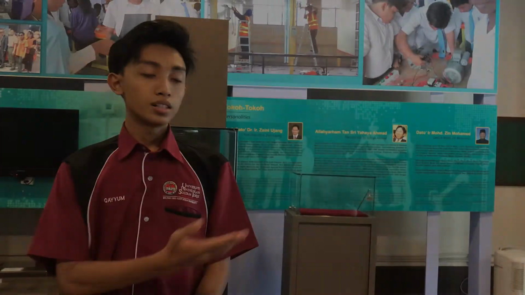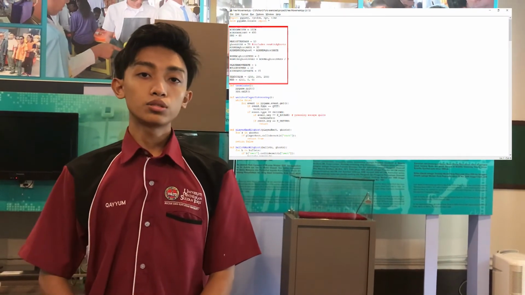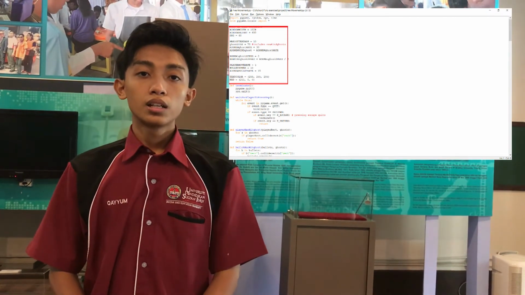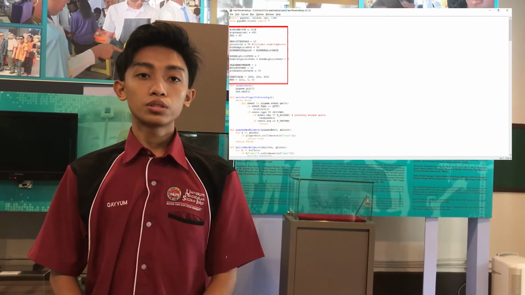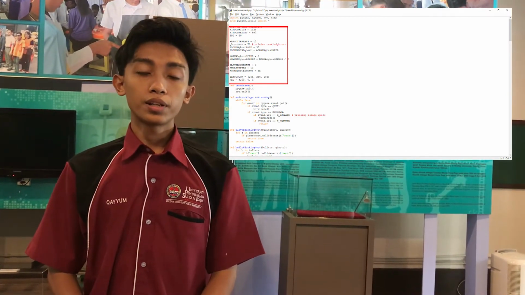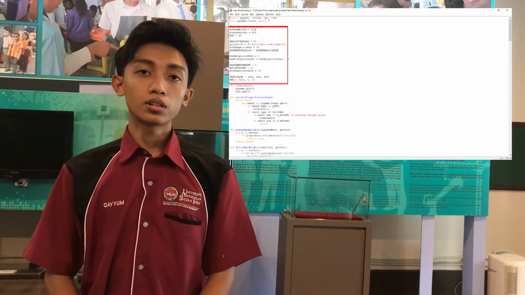These block codes are used to set the size, speed, color and variable that we will use in making this game. For example, I set the frame per second in this game to 60.